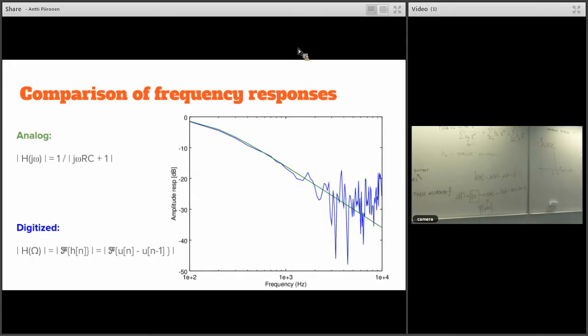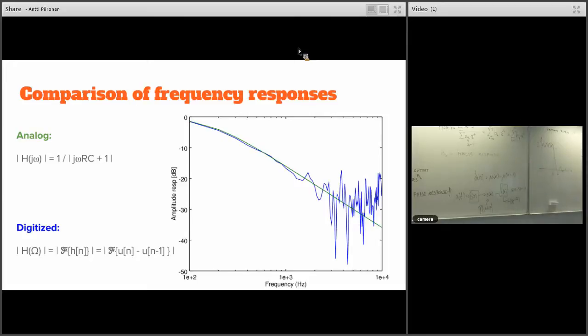Okay, but I was measuring the step, the impulse response. And from the impulse response, I have the system, and with the system, I can calculate the frequency response. And that's what I have there.